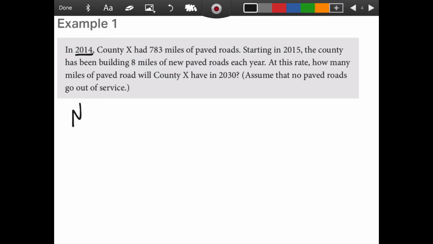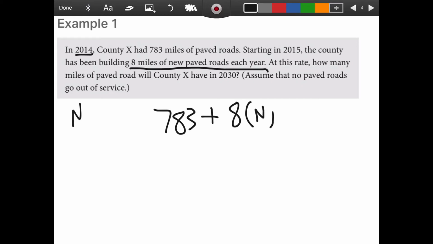We originally start with 783, and no paved roads go out of service, so we're not going to lose any. So we have 783 plus 8 per year. Each year we just add 8.